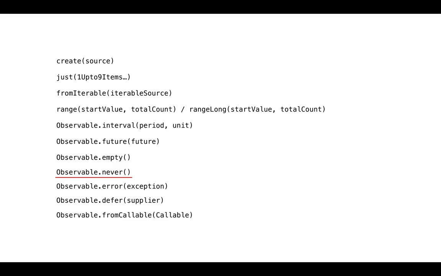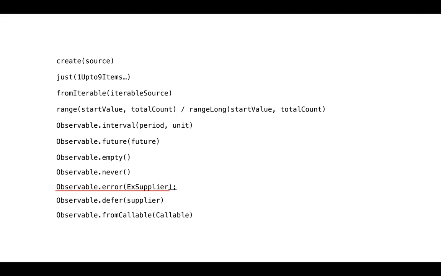Now next one is never. It also emits nothing and it never calls the onComplete action. So this observable is used for testing to prove that no emissions are coming from it, unlike the empty observable, which represents an empty data set.